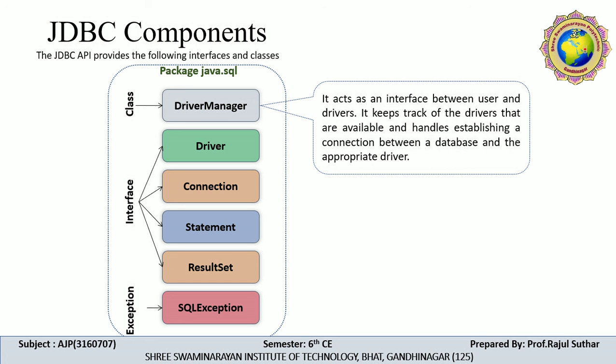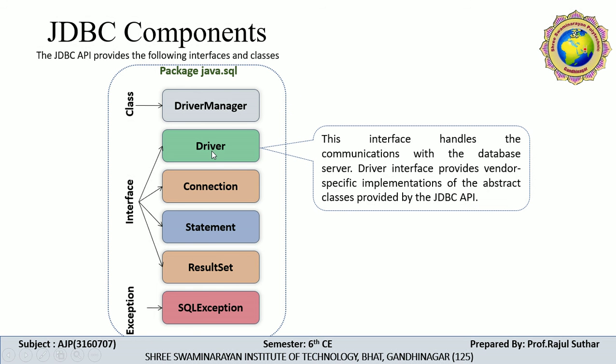Here the second component is the Driver, let me discuss it. This is an interface with all methods for connecting to the database. The Connection object represents the communication context, like all communication with the database is through the Connection object only. The database driver is an interface.